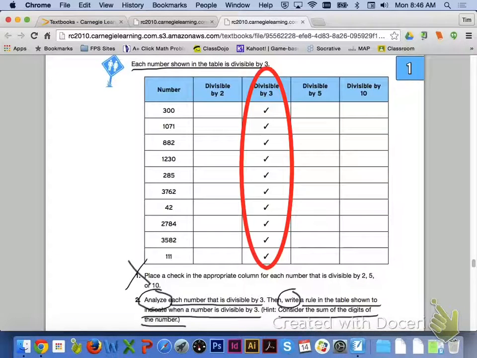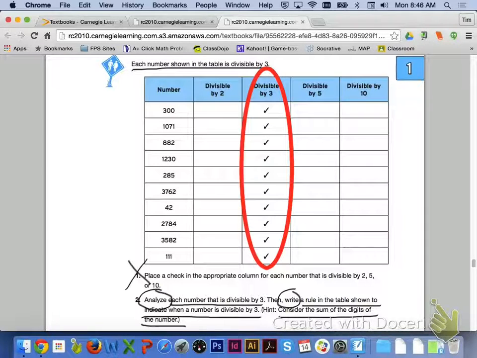Let's turn to page 37 and take a look at problem 2, where we will be focusing on exploring the number 3 and 6. Let's start off with 3 first. It says that each number shown in the table is divisible by 3. We're actually going to skip number 1 and just look at number 2. They're asking you to analyze each number that is divisible by 3.